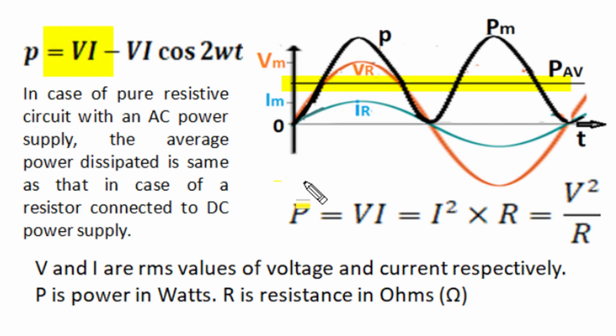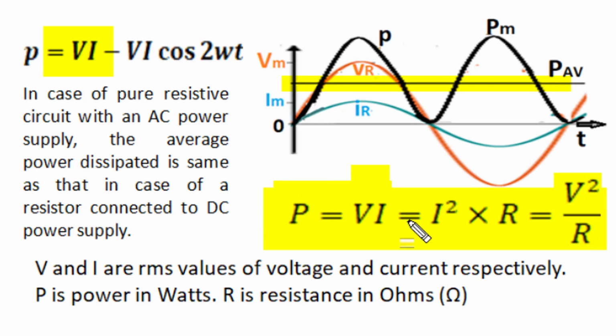So in a resistance connected to an alternating current supply, average power is the product of RMS voltage and RMS current, and if we apply Ohm's law, V is equal to IR, then this product of RMS voltage and RMS current becomes RMS current square multiplied by resistance, or if we replace current as voltage divided by resistance, then this average power becomes RMS voltage square divided by resistance.